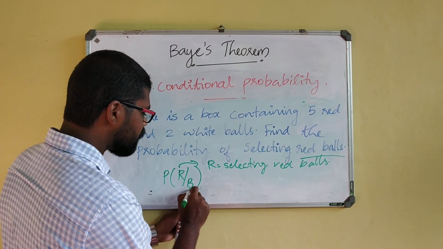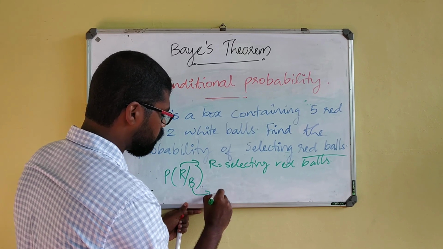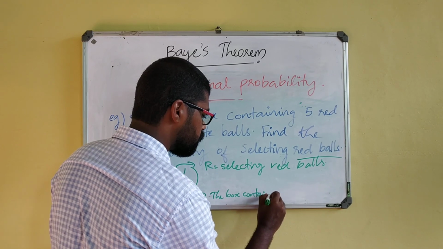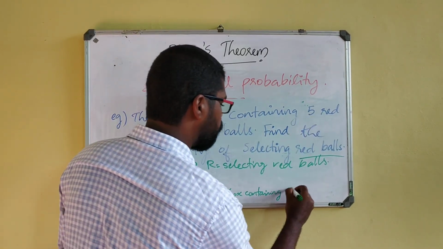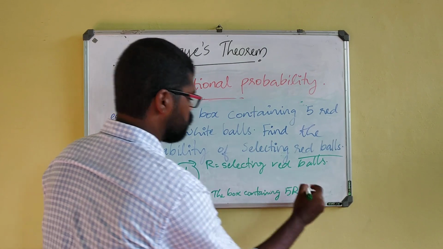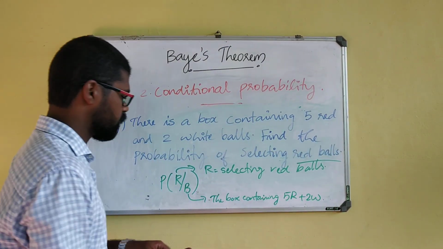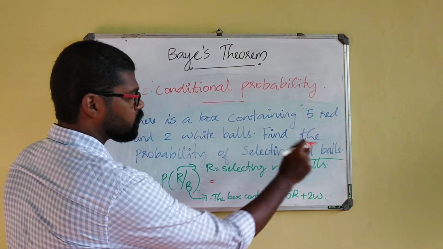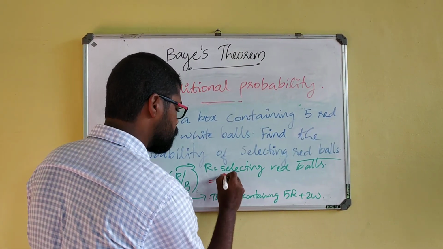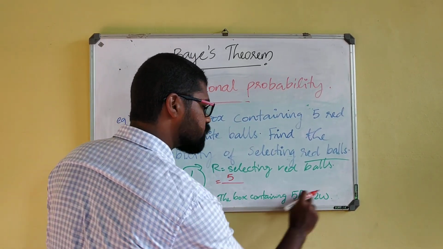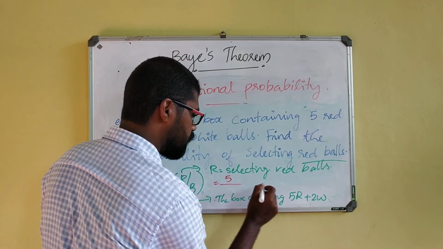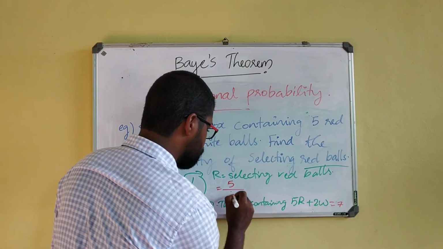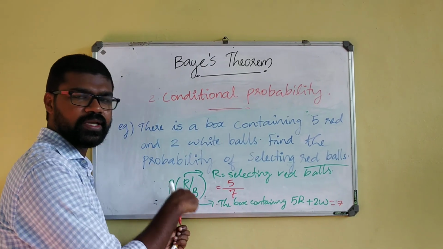So what will be the answer? Selecting red balls: there are 5 red balls out of the box containing 5 red and 2 white balls, that is 7 balls. So this is the conditional probability.